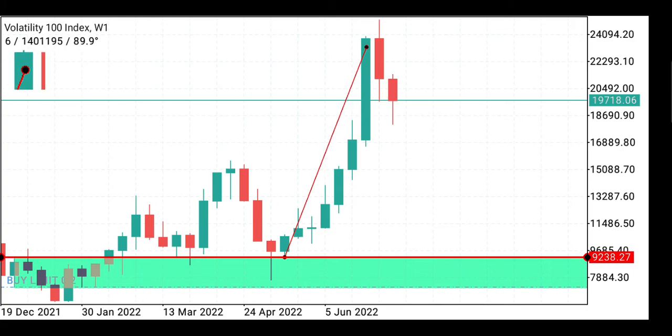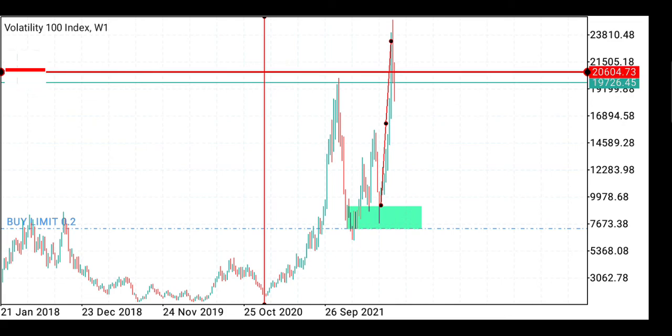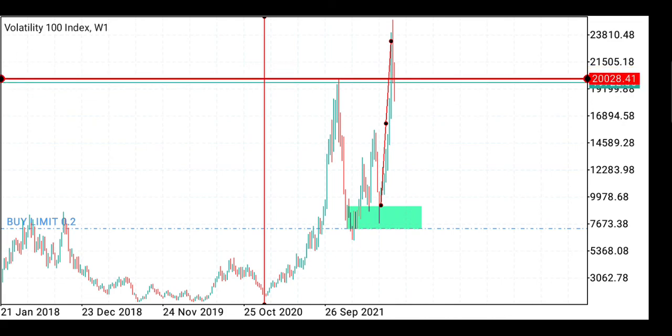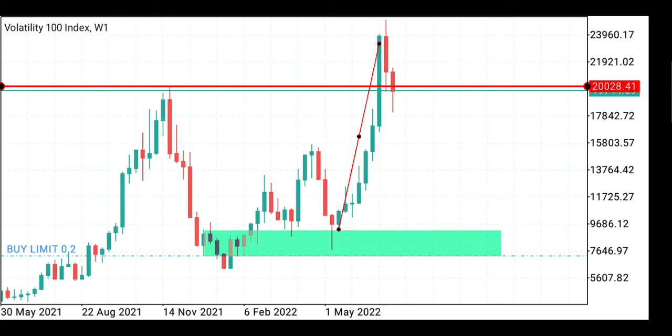It rallied up so high and took out all the highs that it had formed previously. This would have been a very good point to exit your trade, taking out these highs. So this is where you find the institutional orders, join the market, rally up and enjoy the profit. That's institutional orders, knowing where the institutions are playing their games.